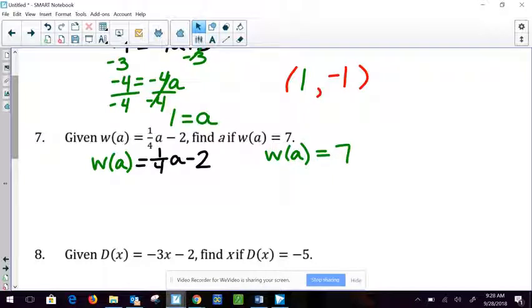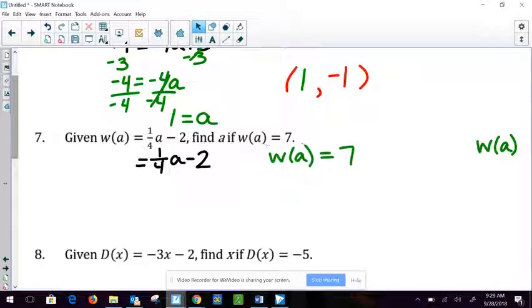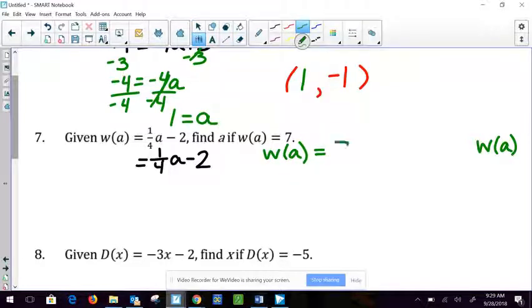So again, I'm not given a. I want to know what value for a will make this true. So that means in my equation, I need to take w of a out, and I need to put 7 in its place, because I told you in the original equation that w of a is the same thing as 7.